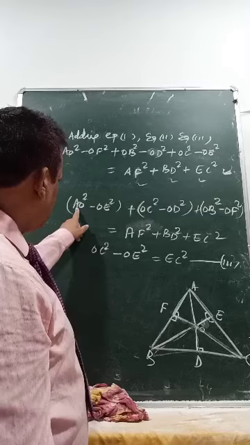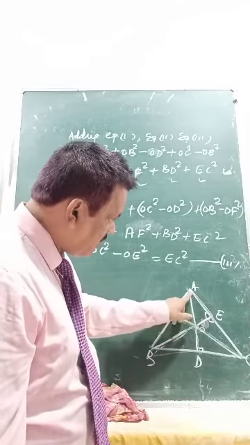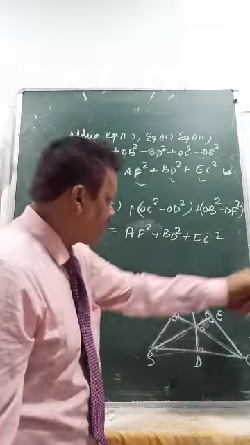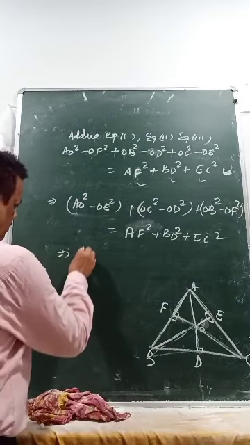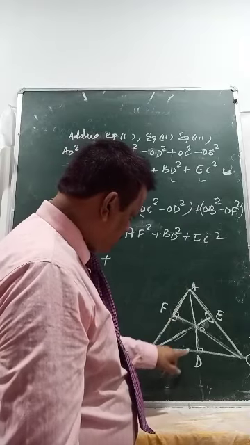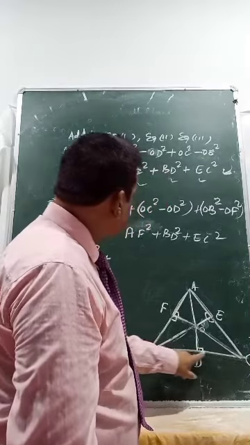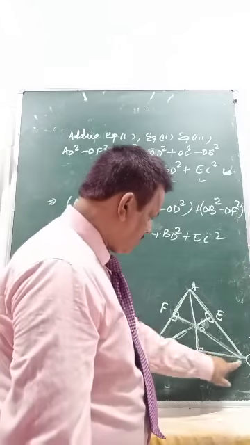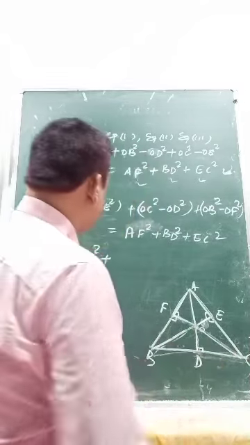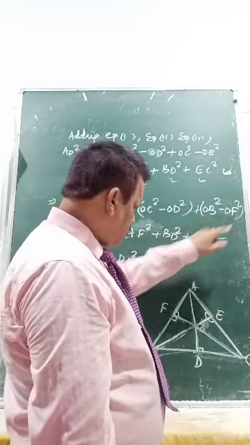Now look here. AO square minus OE square is AE square. So this became AE square. OC square minus OD square is CD square.